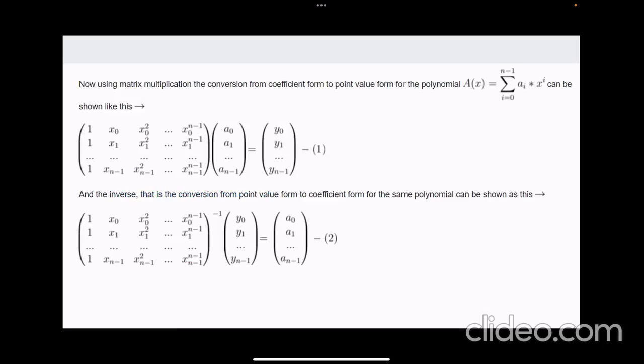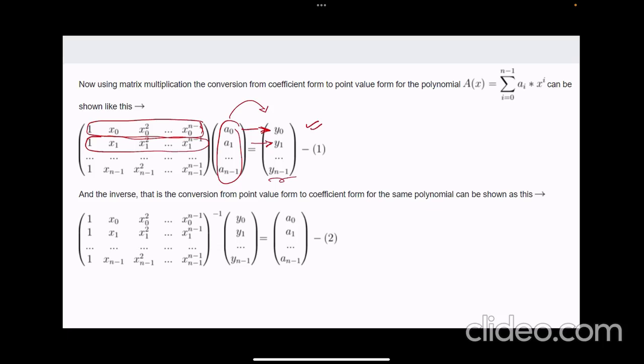First, let's see that if I want to convert from my coefficient form into my point form, I can just do it using matrix multiplication like this, because when I multiply this with all of the coefficients, I'll get the zeroth point. The same thing if I multiply the x1 row with all of the coefficients, I'll get the first point and so on. So I'll get all of these n points if I use this matrix multiplication.